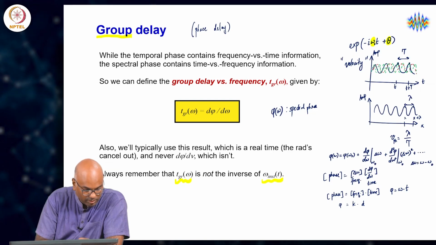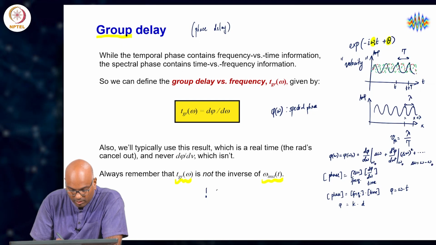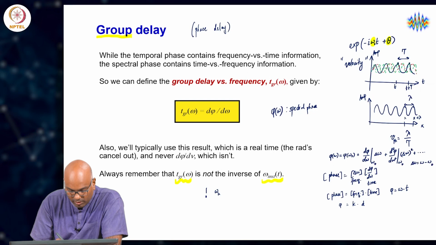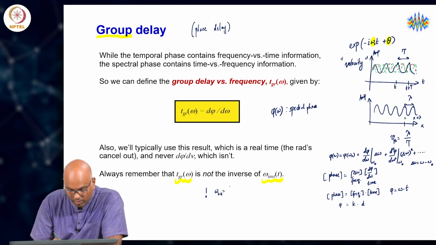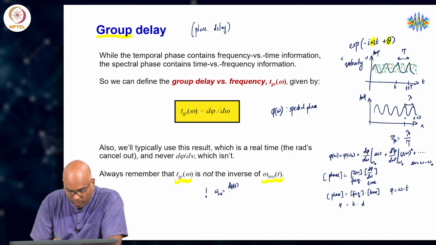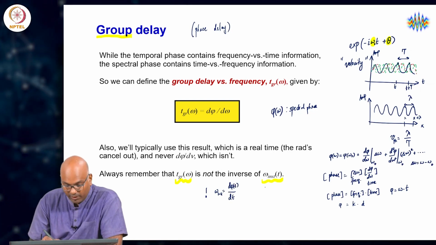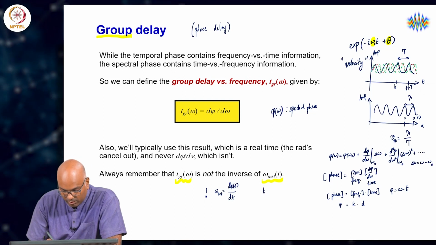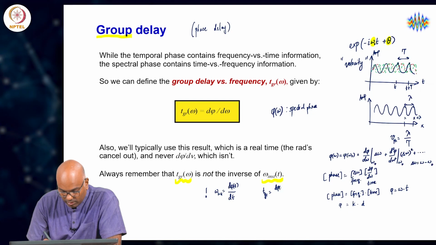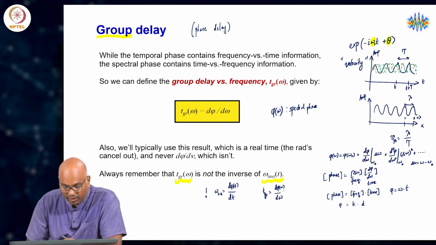Warning, I am going to use the same symbol phi for phase, whereas group delay is d phi of omega by d omega.